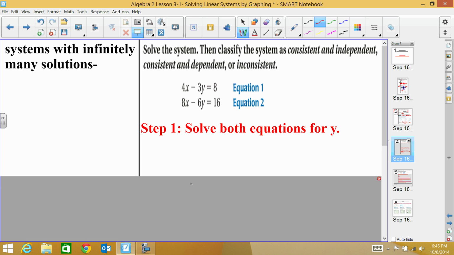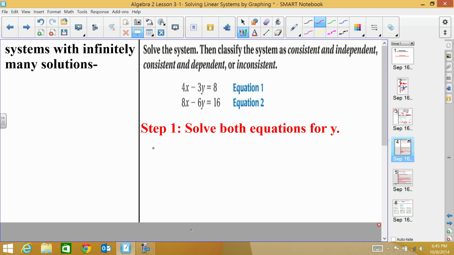So if we go ahead and solve both equations for y, then we would have 4x minus 3y equals 8, and I need to get y by itself. So I would subtract 4x to cancel that out. Those cancel out, and then I'm left with negative 3y equals negative 4x plus 8.